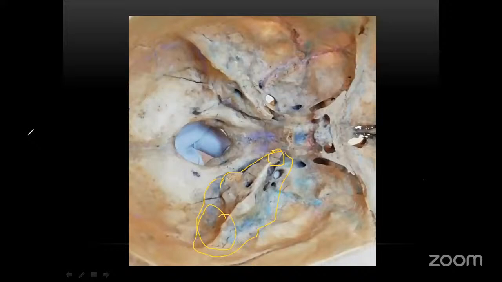This is the superior border that has the ridge. Look here. This is the superior border. This is the anterior border, and this will be the posterior border.